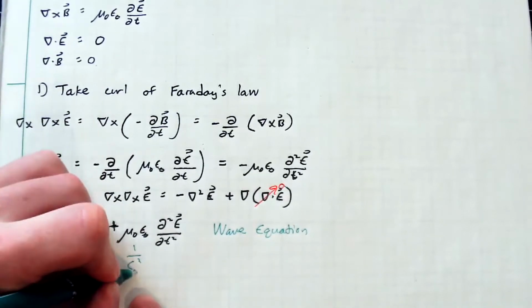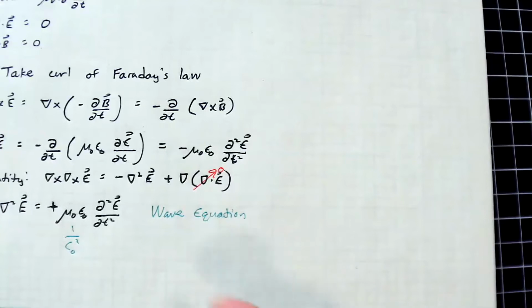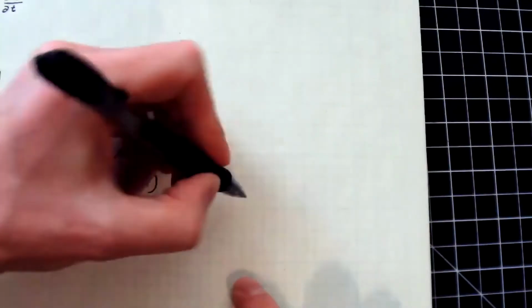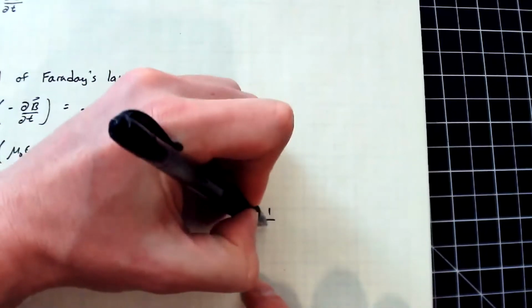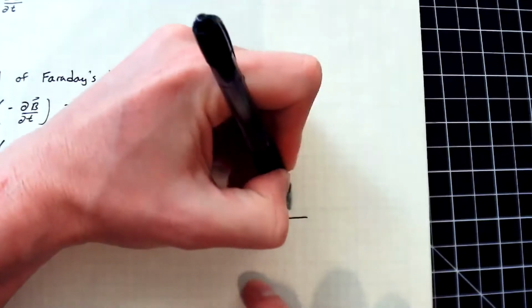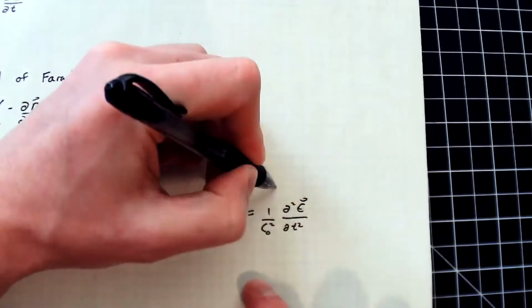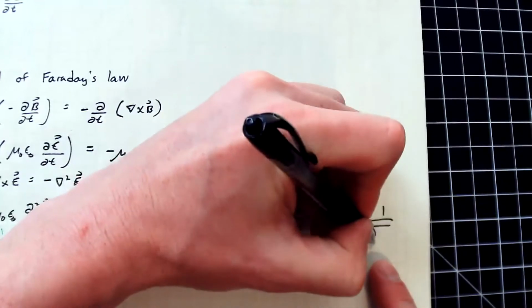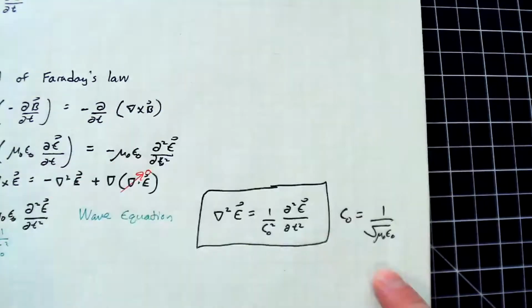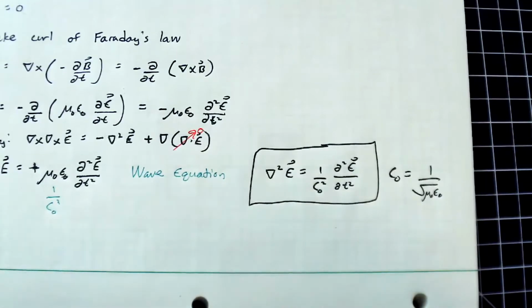So I'm going to give that a name, c naught. So you have del squared E is equal to 1 over c naught squared times the second partial of E with respect to t squared, where c naught is 1 over the square root of mu naught times epsilon naught. I just summarized it over here on the side.